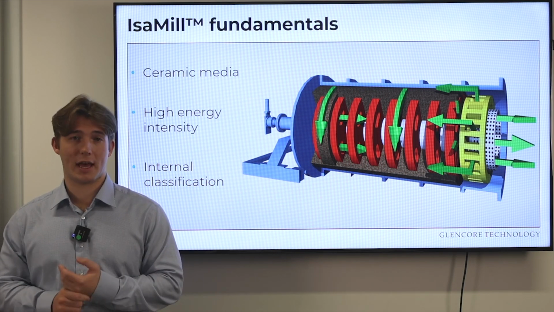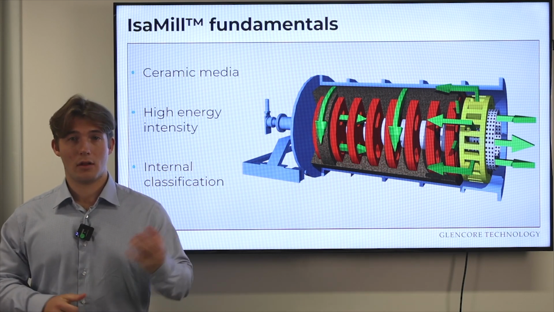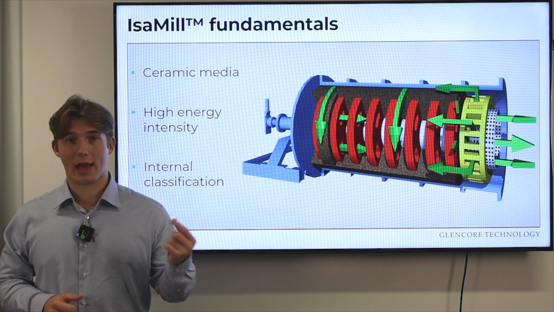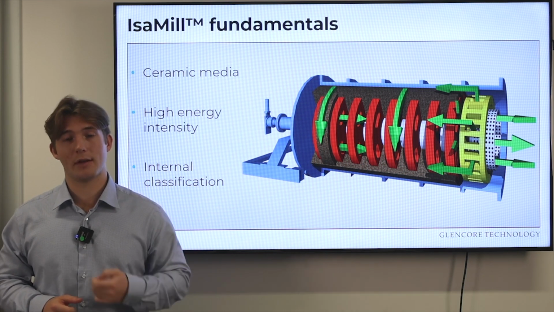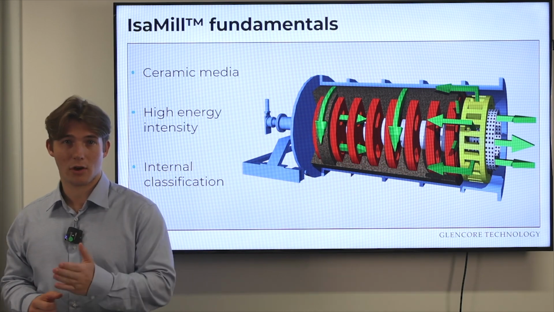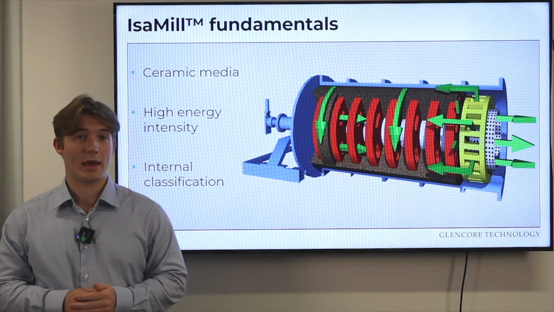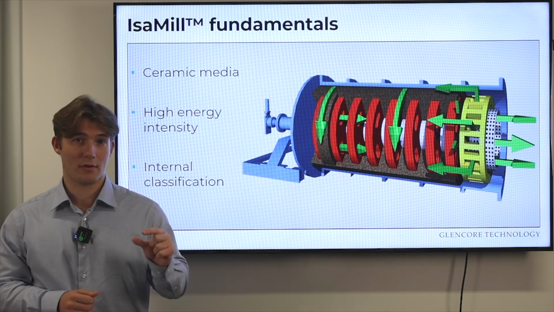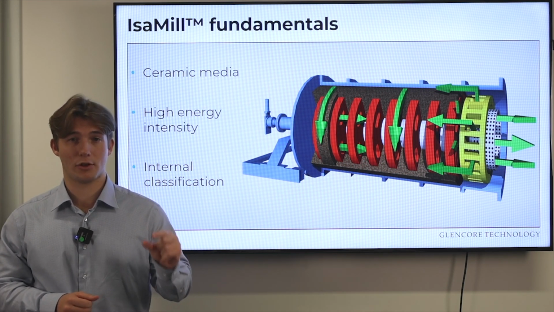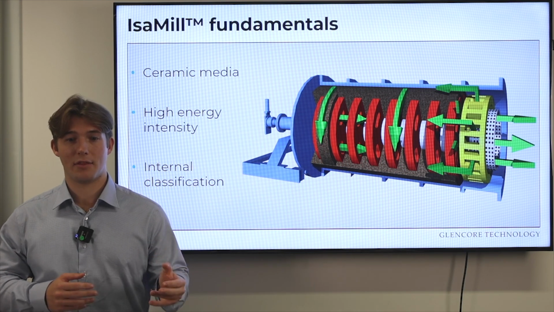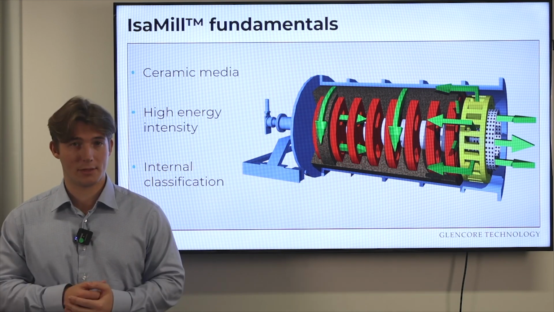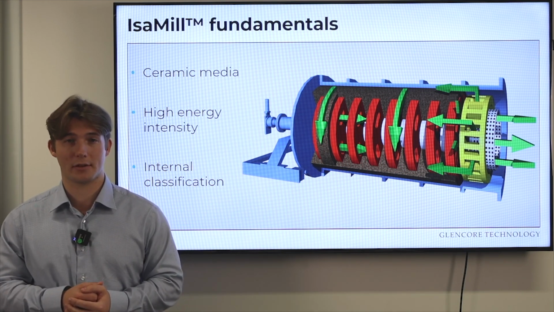Now, what is actually happening inside the mill? Well, both media and slurry enter through the feed end of the mill where it comes into contact with a series of rubber-lined discs. Each of these discs have kidney holes mounted close to the shaft, and they rotate at high tip speeds of around 20 meters per second.